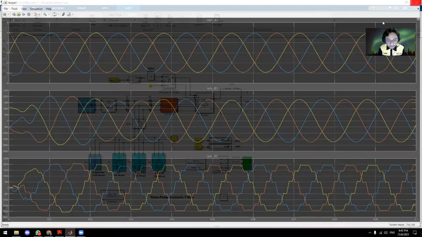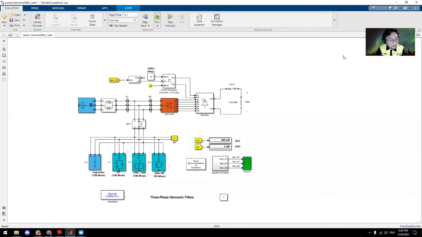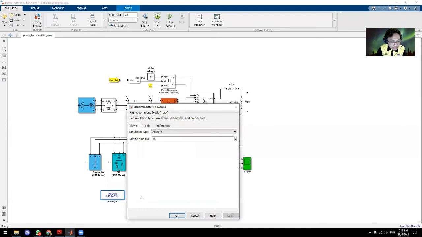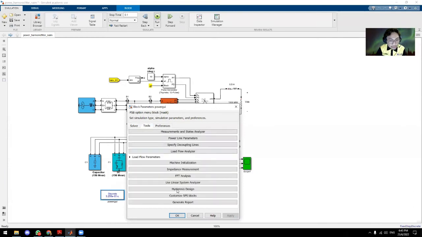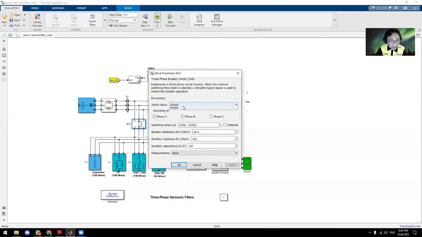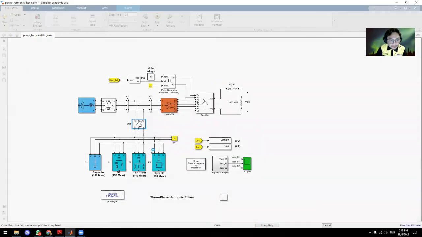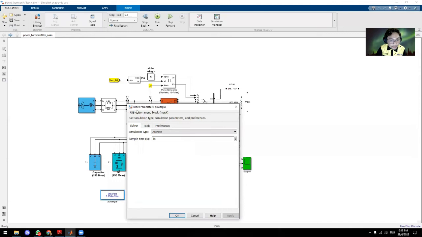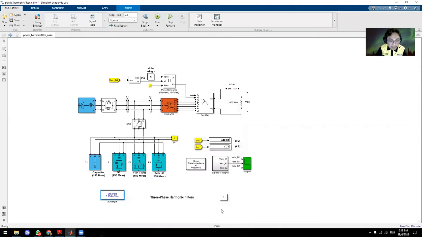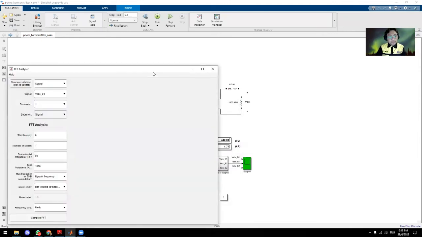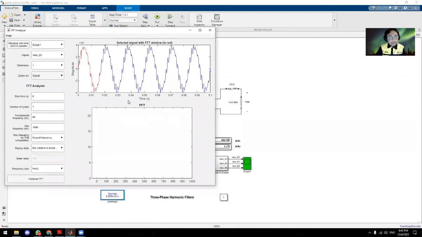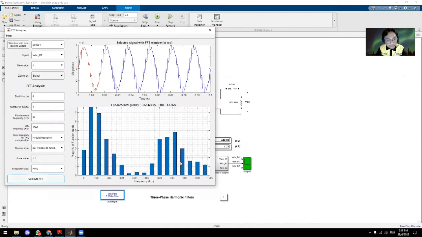Okay, next, let's proceed to the FFT. We keep the power going and select tools for FFT analysis. We start with the without-filter case: open, apply, okay, run. We select the FFT analysis and compute FFT.